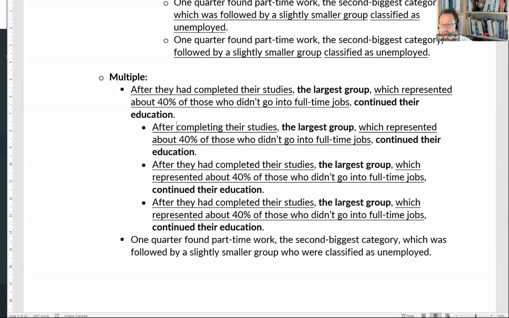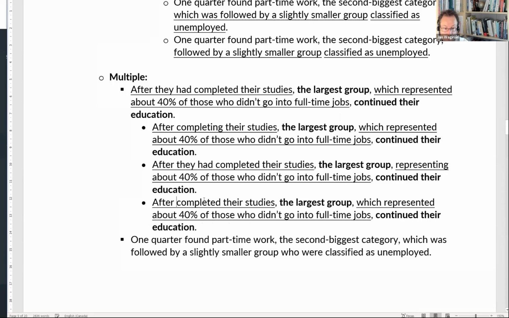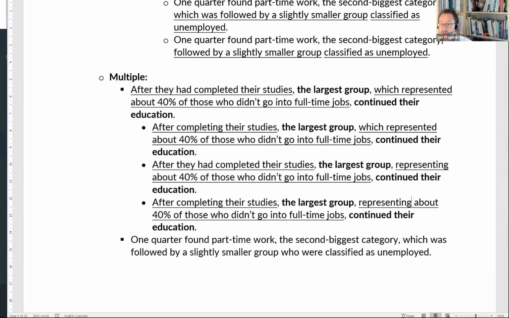Okay, good. And then several other people made this change. So which represented, this is in active voice. So it becomes representing. Okay, so we did this one. In the second version, we did this one. And then the third version, you can do both. Good. Good, Dina.